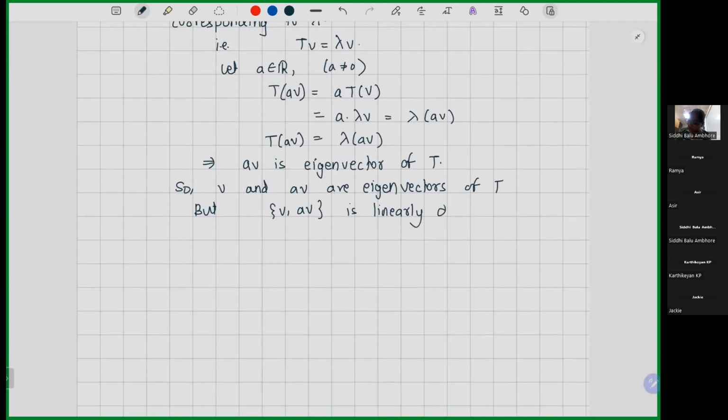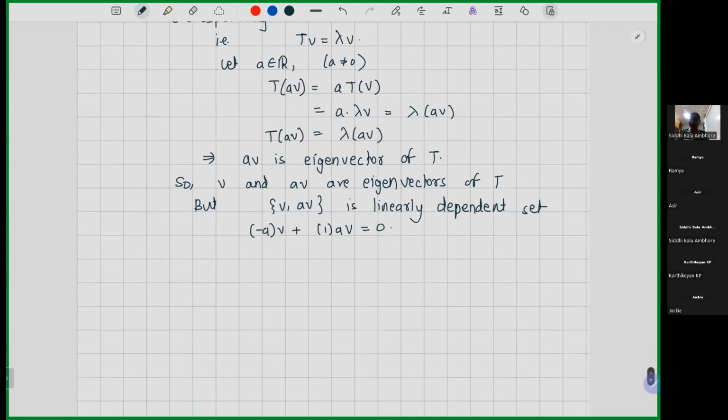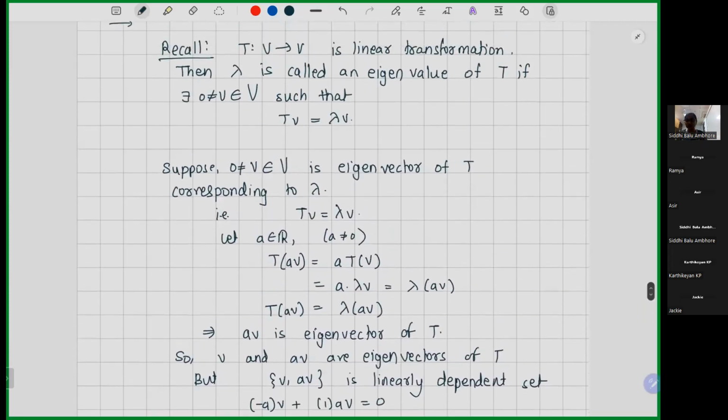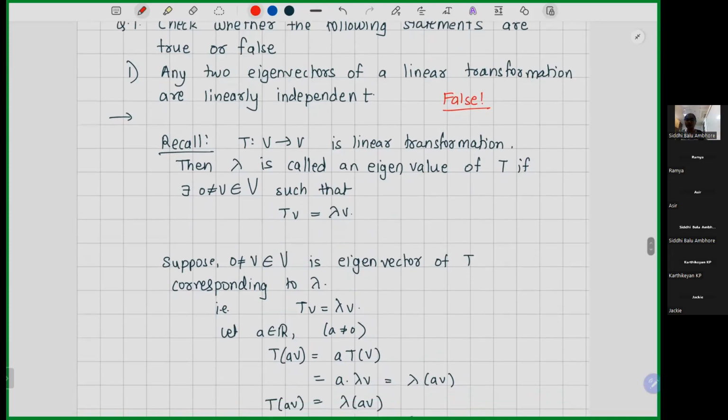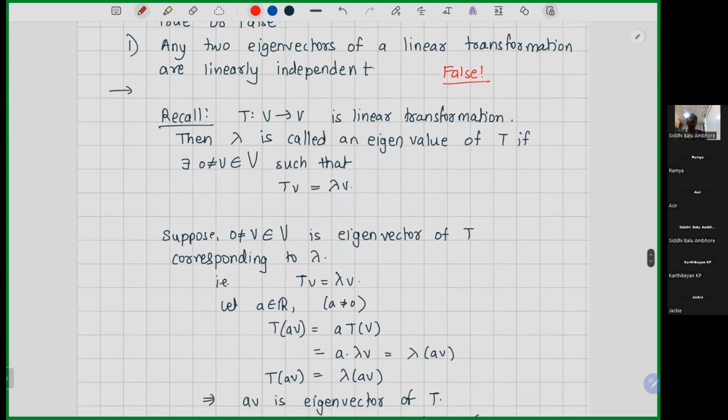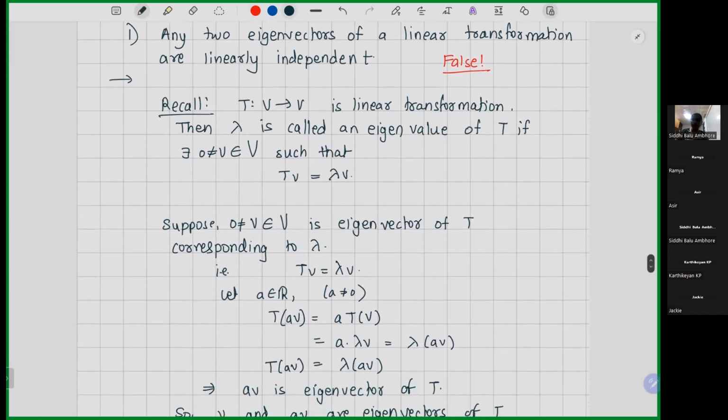It is a linearly dependent set, because we can write minus a times v plus 1 times av equals 0, a non-zero linear combination of v and av. So the statement that any two eigenvectors of a linear transformation are linearly independent is not true; they need not be linearly independent.